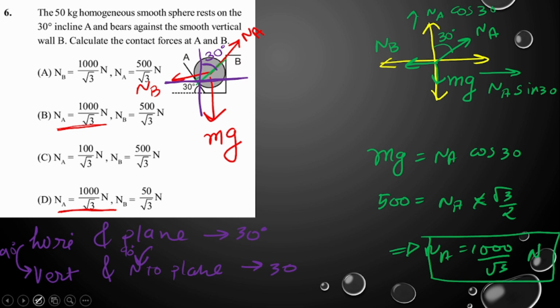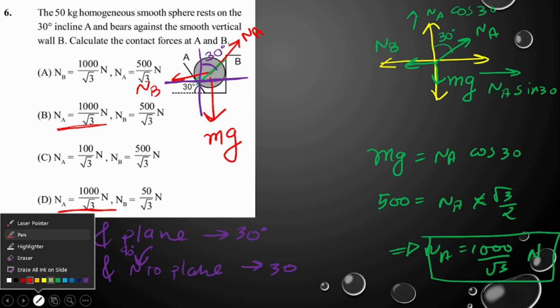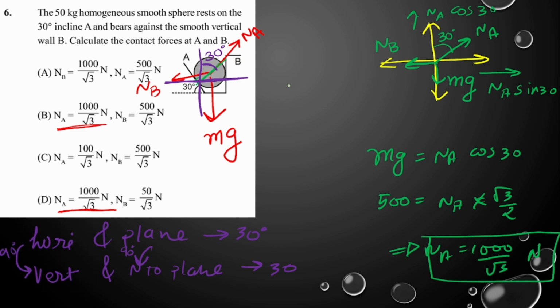Now comes the turn of NB, and from here we can see NB equals to NA sine 30. NA sine 30, with sine 30 as 1 by 2, equals to NB.